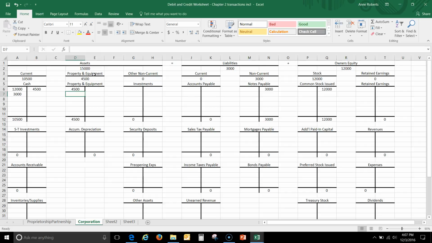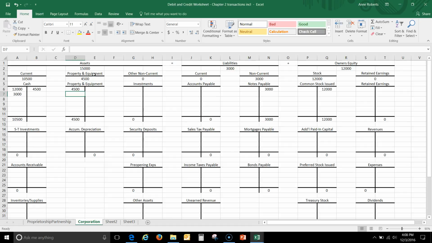All right, transaction 4. Now in transaction 4, we're purchasing insurance. One thing that you have to remember about insurance is we buy insurance in advance. So in this particular case, we're buying a 6-month insurance policy for $1,200 in cash. Intuitively, I think you understand that it's costing us $200 a month for that insurance over those 6 months.